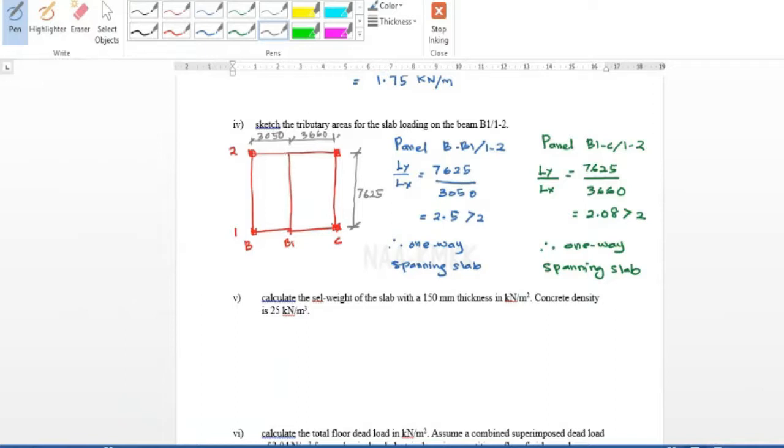Ly is the longer span. So we divide the shorter span into two parts. How to divide? You just make a hidden line, dot, dot, dot.